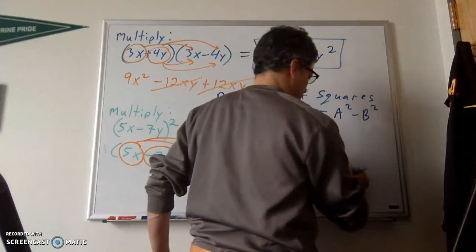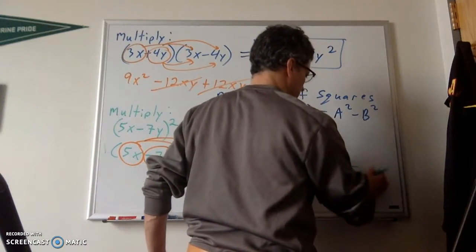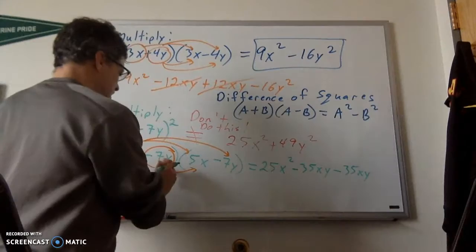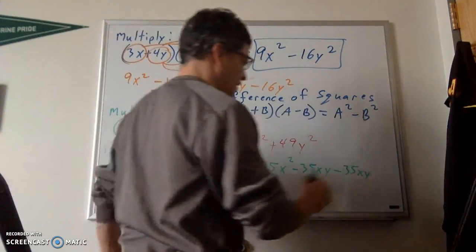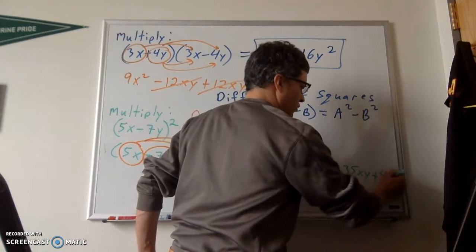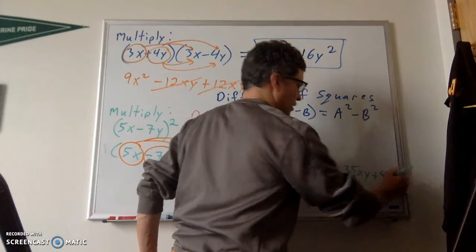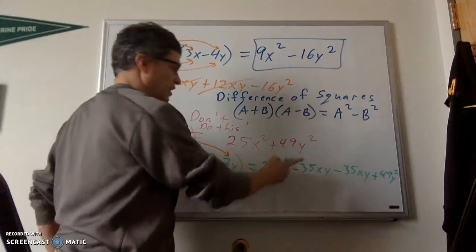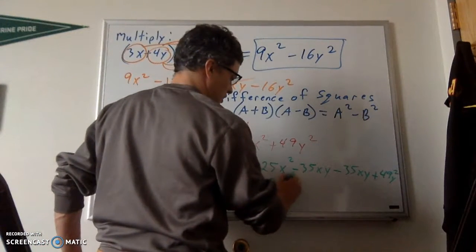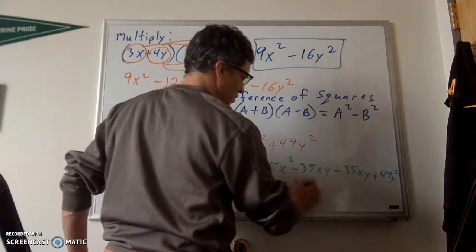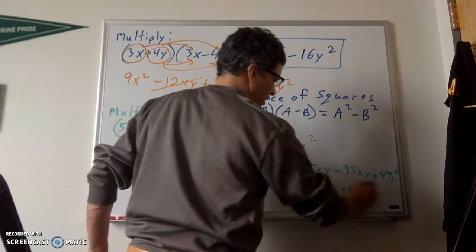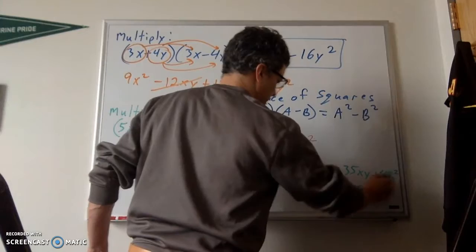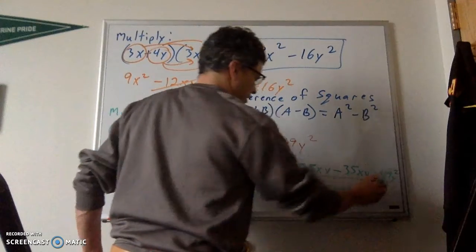That's a negative 35xy. And then I got negative 7y times a negative 7y, and that's a plus 49y squared. Combining your two middle terms, you get 25x squared minus 70xy plus 49y squared. And that is the answer.